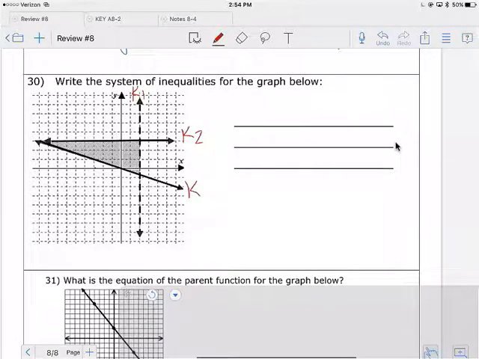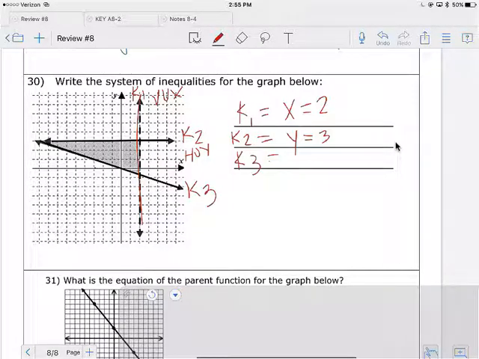Okay, for K1, this is an x. So that's going to be x equals 2. K2 is a horizontal line at 3, so y equals 3. K3 starts at 0 and goes down 1, right 3, so negative 1/3 x.